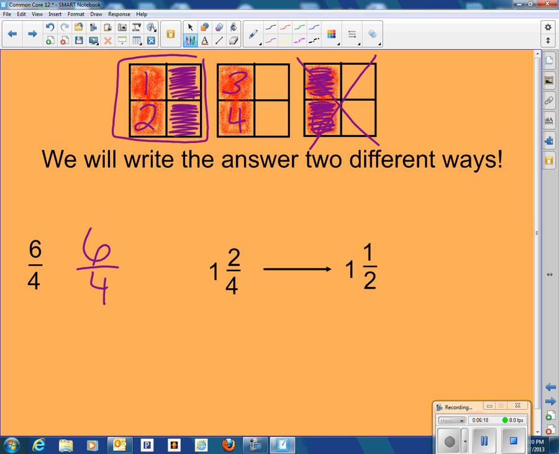I now have 1 whole, which we see here, and I have 2/4. So I have 1 and 2/4. Some of you probably looked at this, realized that in this case we can simplify our mixed number 1 and 2/4, and it's the same thing as 1 1/2.